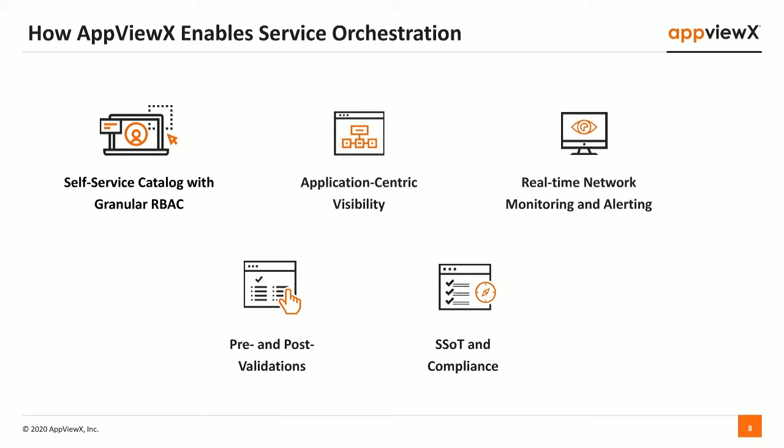And then there is a service catalog. Now you can have a role-based service catalog, meaning a level 1 ops team, you can give them a certain set of self-service capabilities. Maybe they want to create a DNS entry, a GTM entry, or a VIP or wide IP or whatnot.